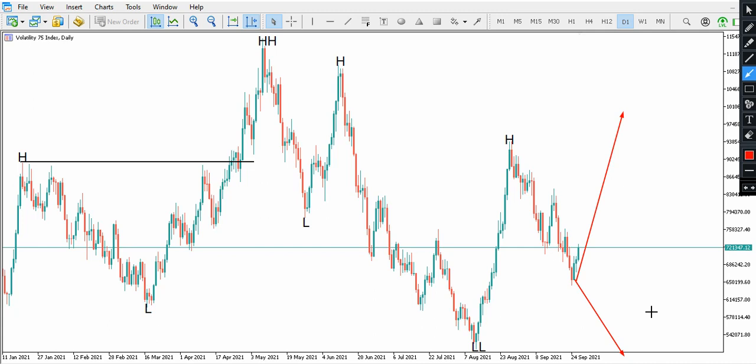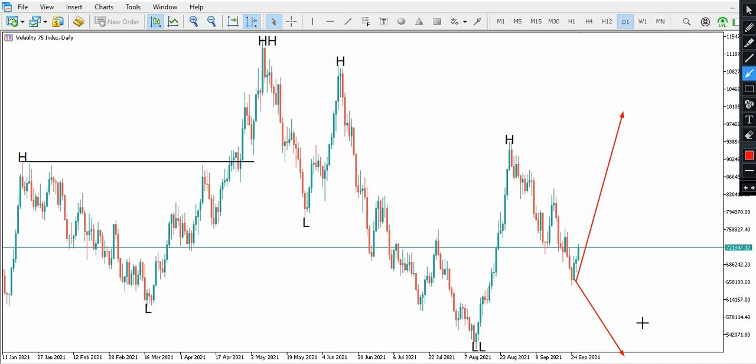This is a daily time frame, and this might happen somewhere around late October or early November, if it's going up or if it's going down the same days. But do we have to wait for that long to take a trade?